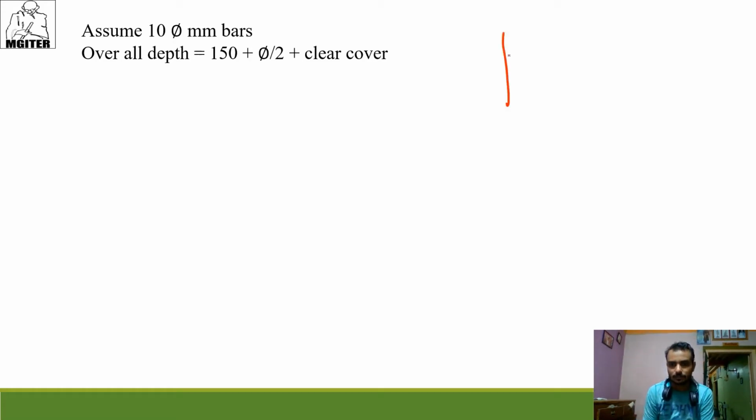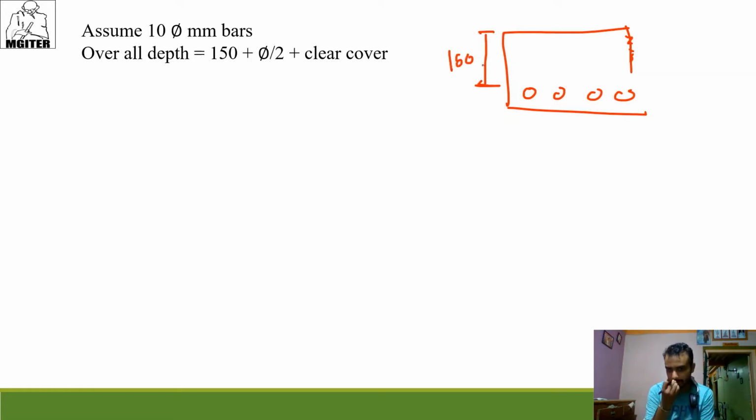How does this happen? Look here. It's your slab, okay? Your reinforcement is here. This is the effective depth, 150, okay? Where is the effective depth? At the center of the reinforcement, okay? And clear cover will be to the surface of the reinforcement.